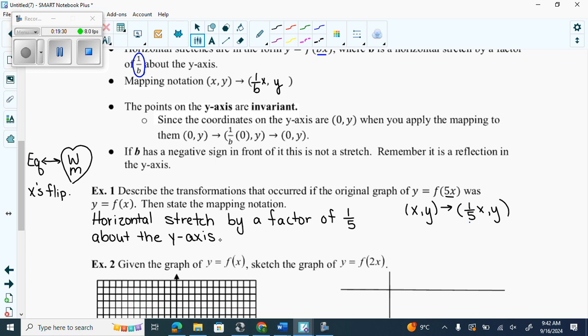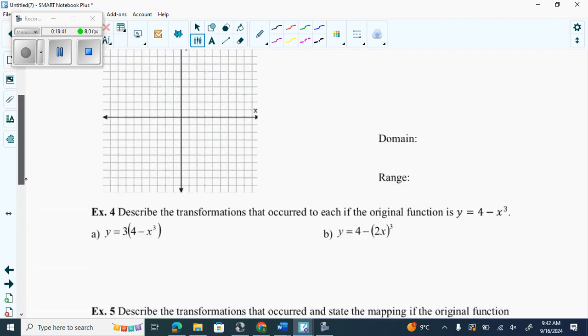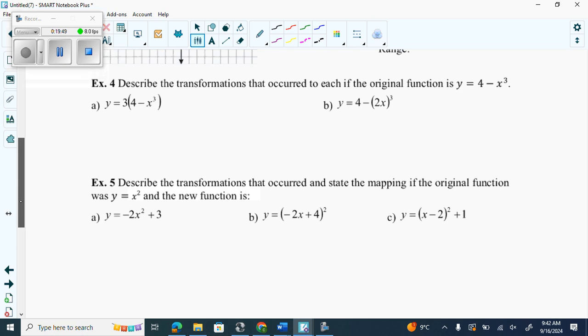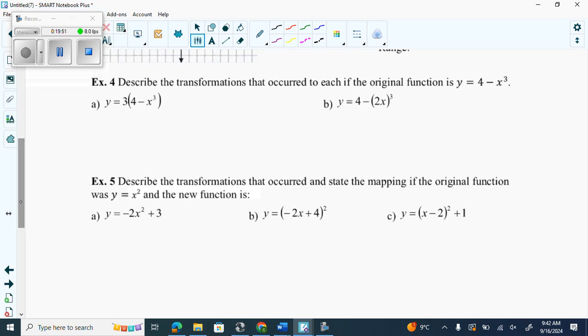We're going to bypass the next 2 examples and go right into a whole bunch of equations just to solidify it before we go. So we're going to go to here. So this is my equation, correct?